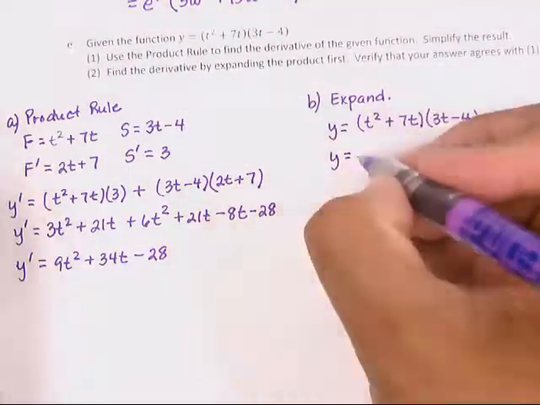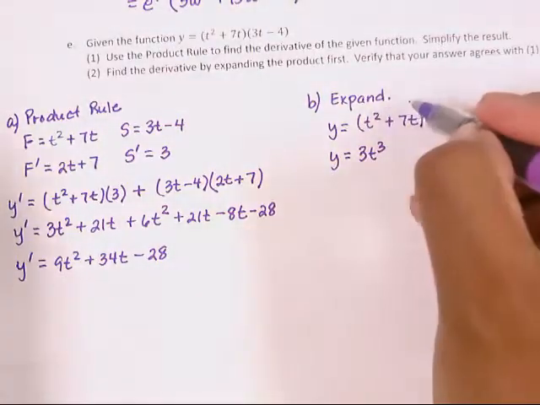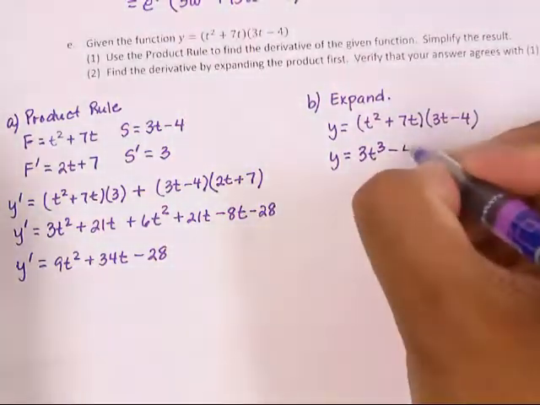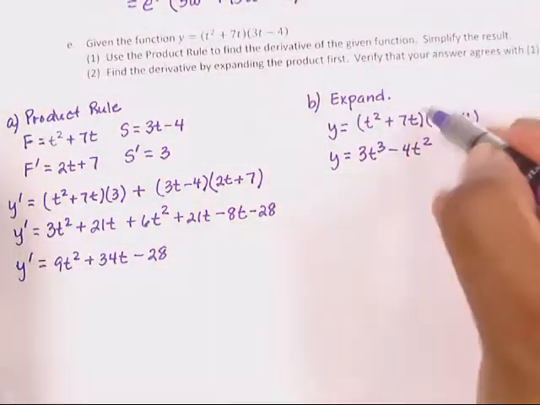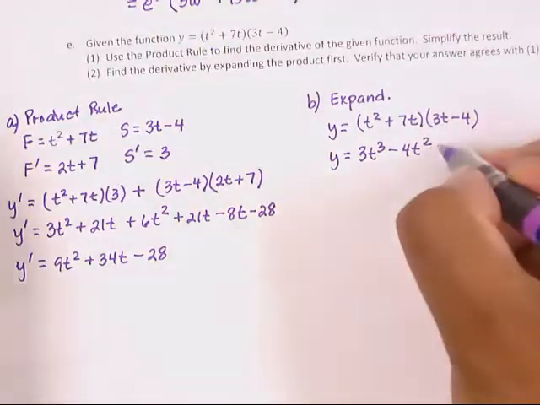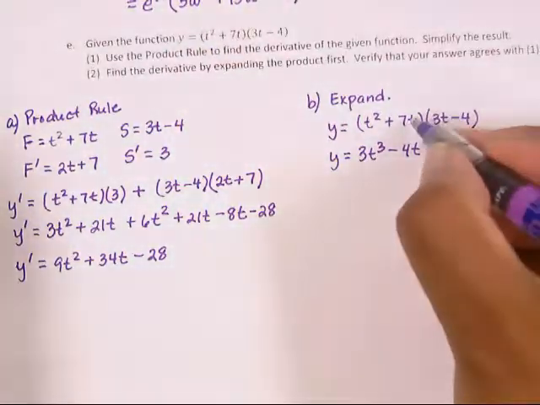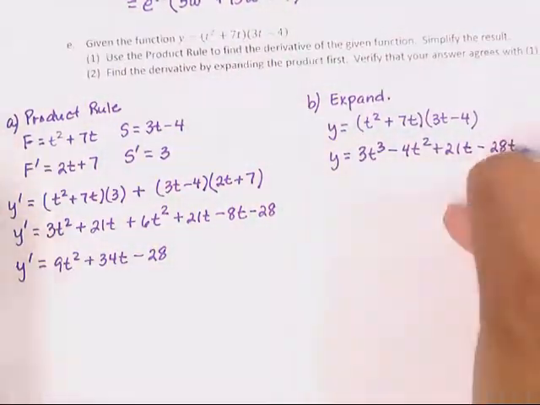So t squared times 3t will be 3t cubed. And then t squared times minus 4 would be a minus 4t squared. And then the inside would be 7t times 3t will be a plus 21t. And then 7t times a minus 4 would be a minus 28t.